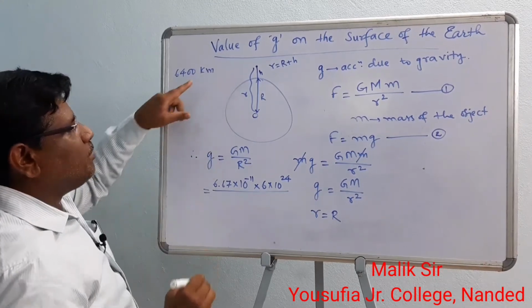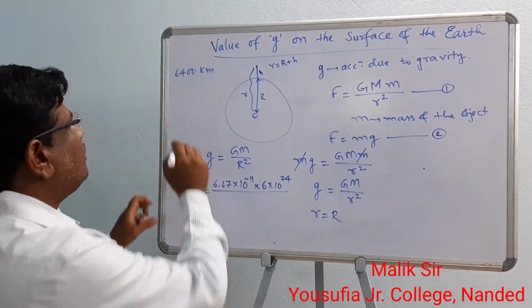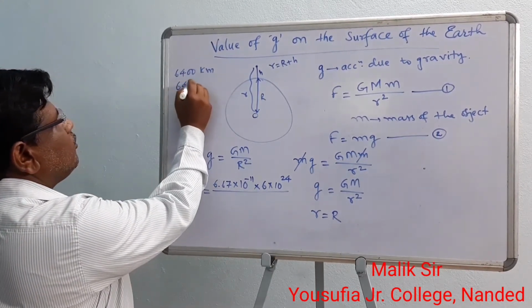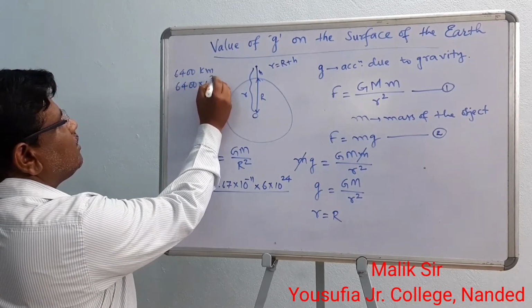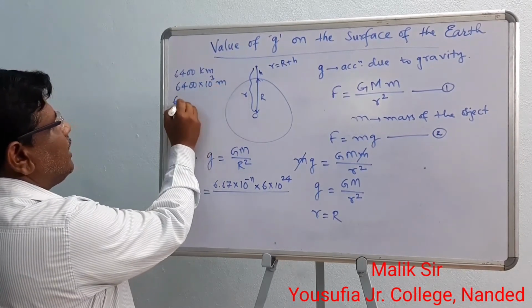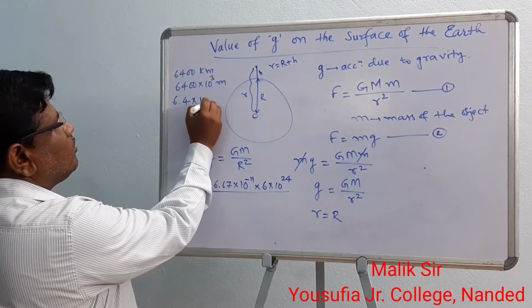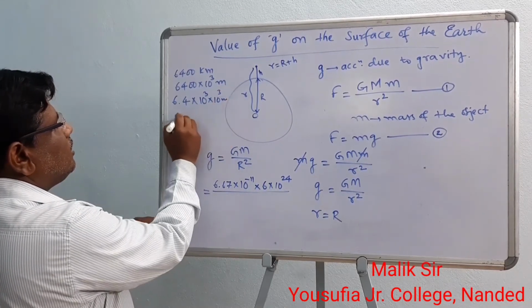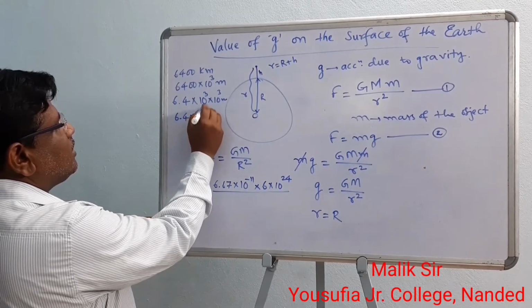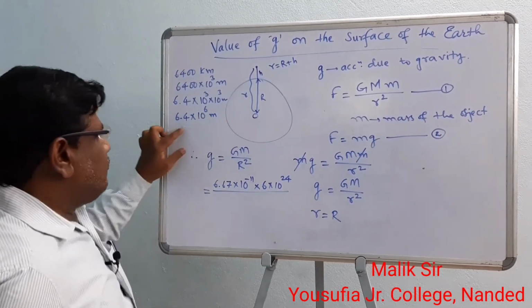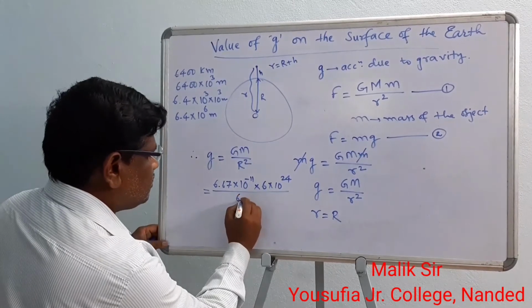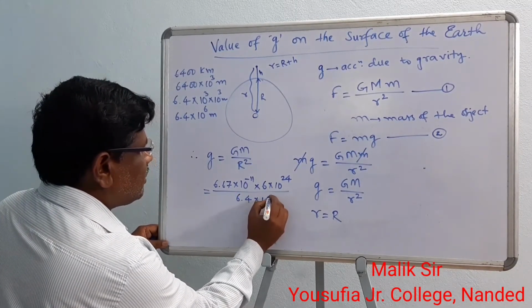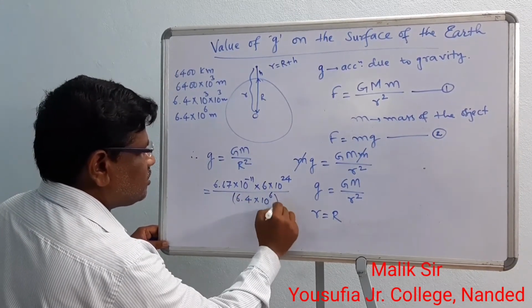If we convert this kilometer into meter, we get 6400 multiplied by 10 raised to 3 meter, which we can write as 6.4 into 10 raised to 3 multiplied by 10 raised to 3 meter, so it becomes 6.4 multiplied by 10 raised to 6 meter. We take this value here, 6.4 multiplied by 10 raised to 6 whole square.